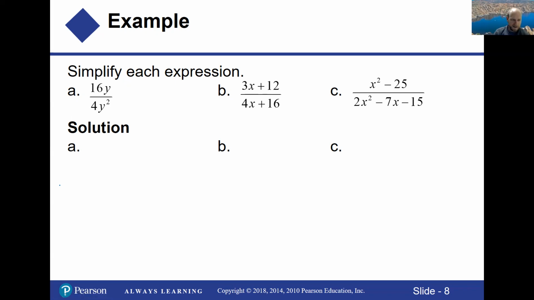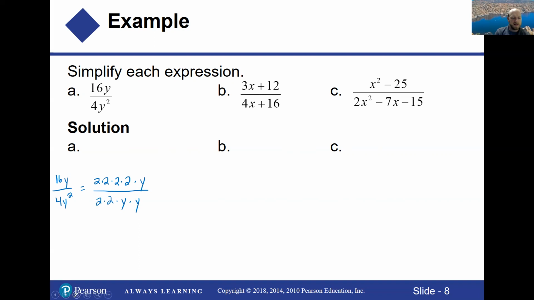I'm going to rewrite that down here, where I think I'll have a little bit more space, and then write it out using factors. So 16 is the same thing as 2 times 2 times 2 times 2, and then I have the y at the end there. 4y squared is the same thing as 2 times 2 times y times y.